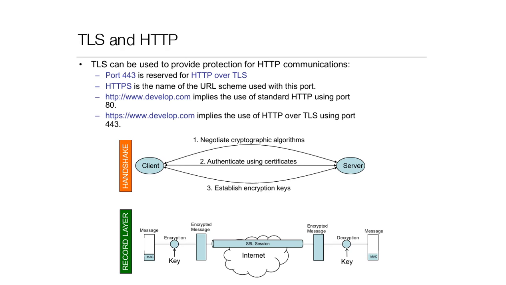So there are three things done at this stage. The first thing is client and server negotiate the cryptographic algorithms to be used. I said this TLS SSL protocol suite comes with a bunch of cryptographic algorithms. For digital signature, there are several algorithms.